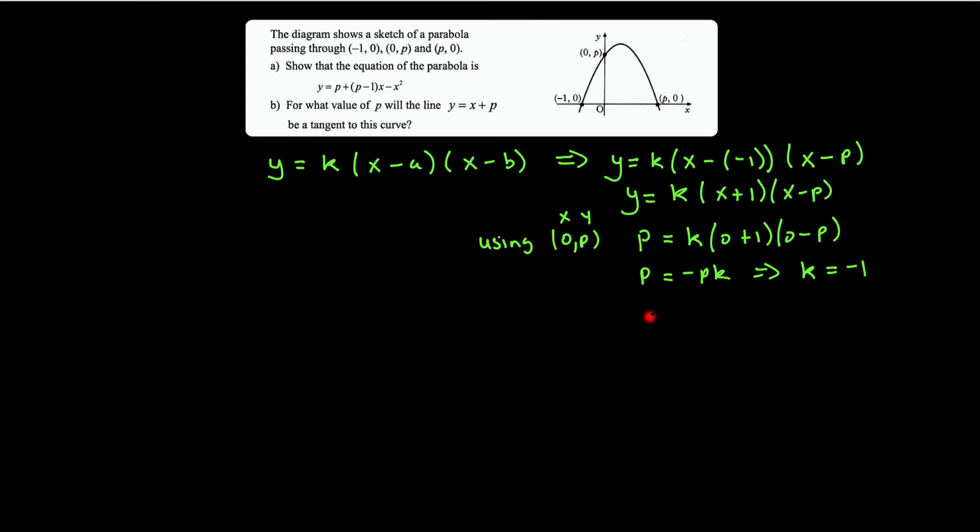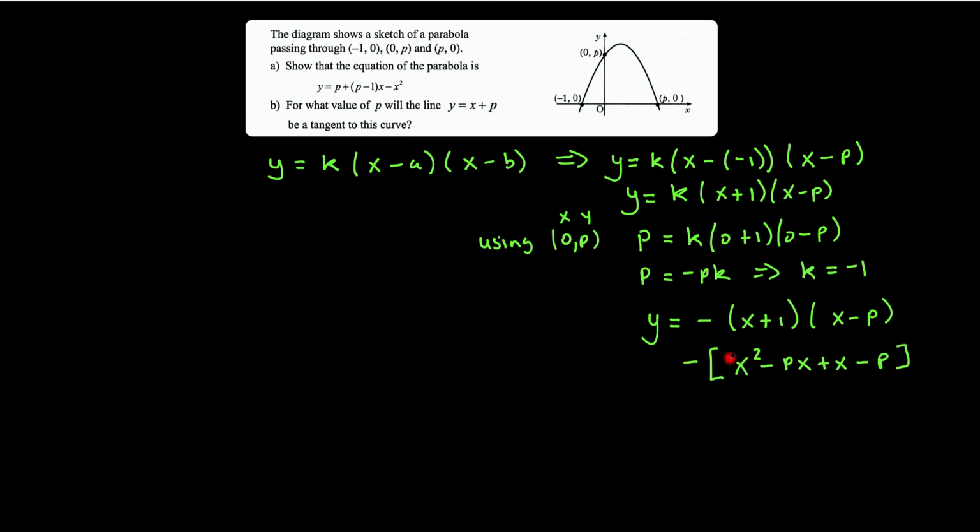this gives me the equation in this form: minus (x plus 1)(x minus p). Now I'm just going to multiply these brackets out, keeping the minus out for now, and it'll give me x squared minus px plus x minus p.